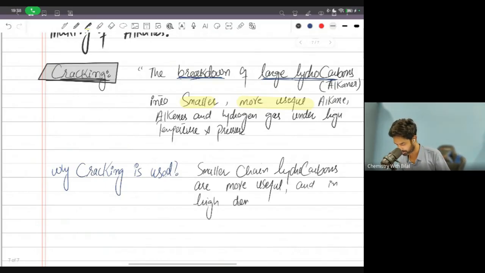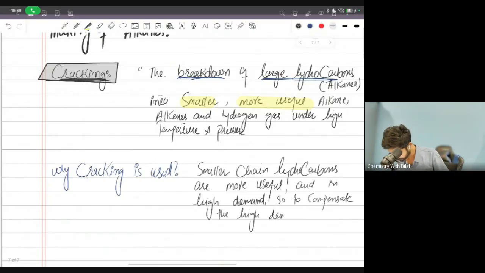So if they are more useful in high demand, तो हमें वही ज्यादा चाहिए ना. जब हम नीचे से डायरेक्ट पंप करते हैं तो हमें छोटे वाले भी आते हैं, बड़े वाले भी आते हैं. अब छोटे वाले तो हमारे काम के हैं, बड़े वाले तो काम के ही नहीं है. तो we crack the larger chain to compensate the high demand of the smaller chain hydrocarbon. Does it make sense, everyone?